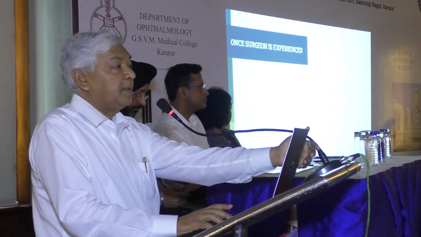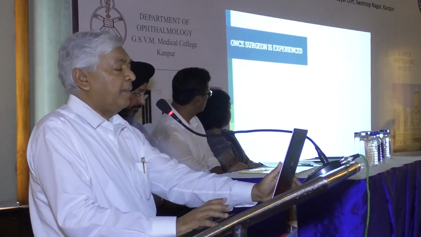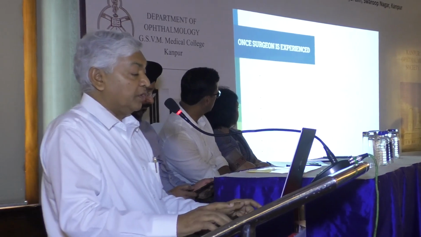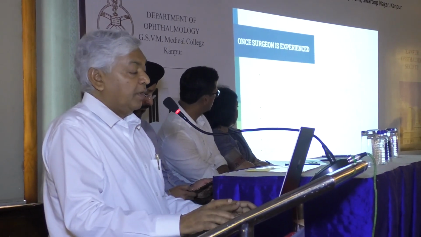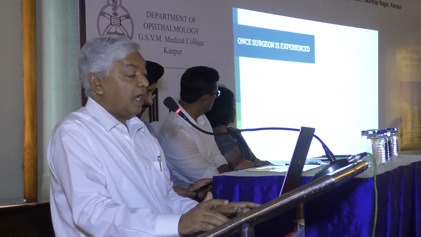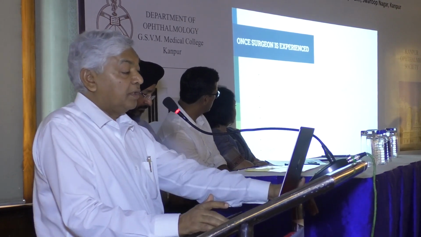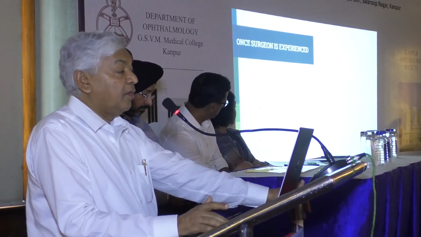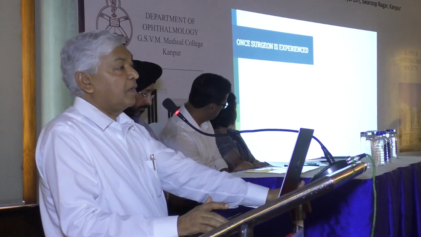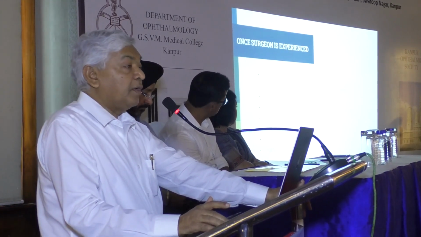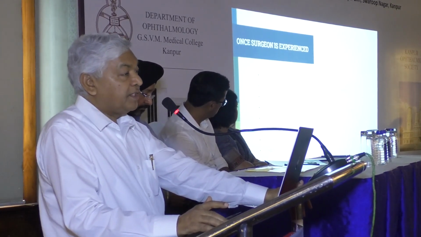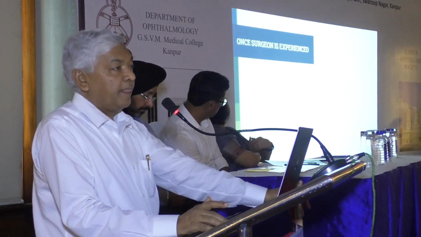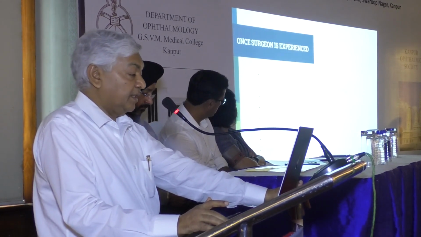Once the surgeon becomes experienced, you can perform any kind of situation, any grade of nucleus, small pupil, hypermature cataract, with raised intraocular pressure. It is very difficult to perform the rhexis, but if you know the technique and basics, then you can perform the rhexis even in such conditions.